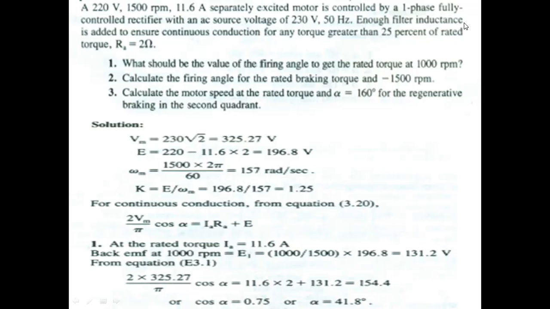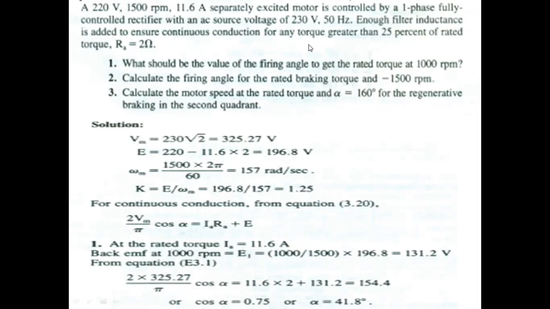The inductance here is used to ensure continuous conduction mode. When enough inductance filter is used, continuous conduction is ensured when the torque is greater than 25% of rated torque.